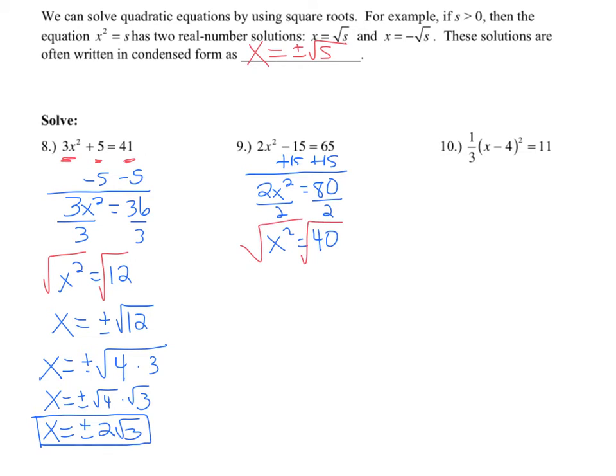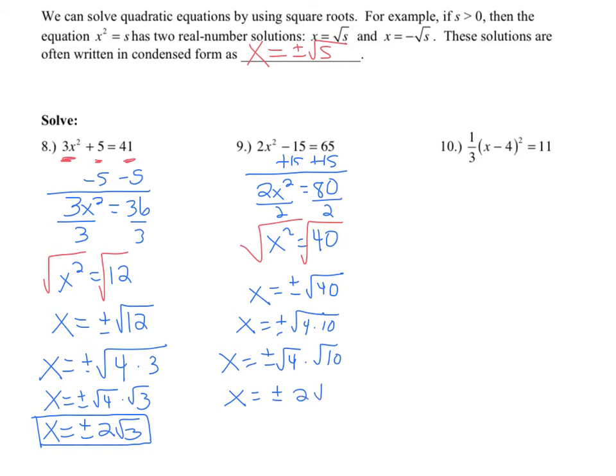Square root to undo the squaring. You see that x equals plus or minus the square root of 40. Again, I can't leave it square root of 40 because there's a 4 inside of that. So I break it down into plus or minus the square root of 4 times square root of 10. I get plus or minus 2 square roots of 10.